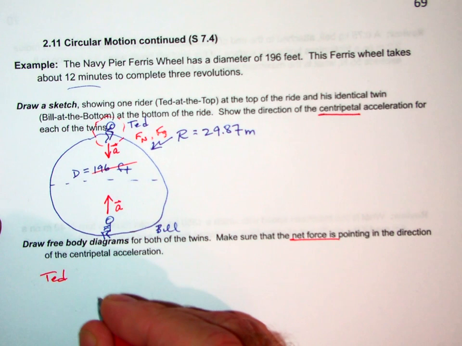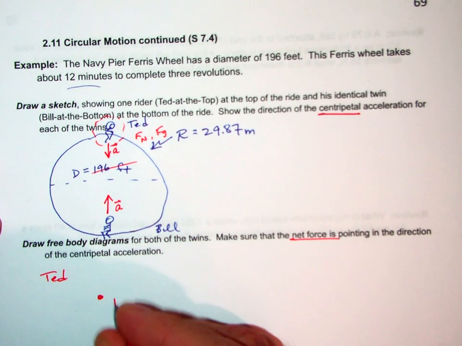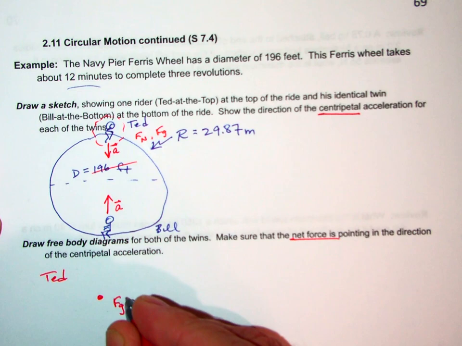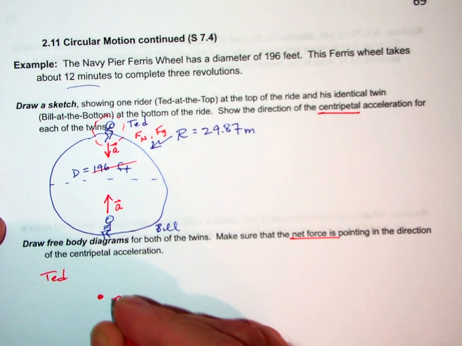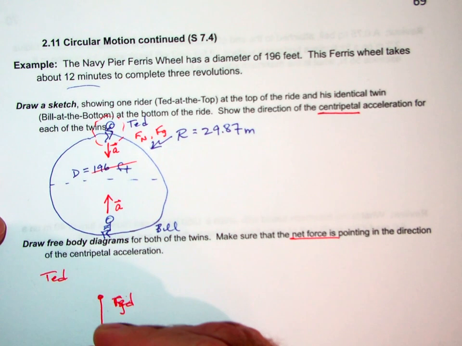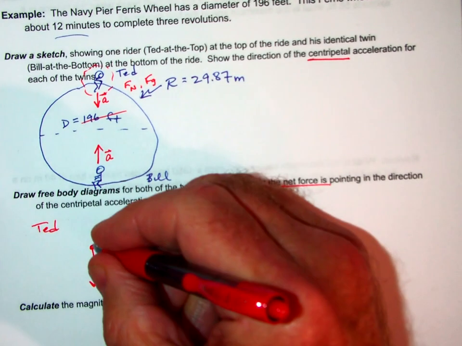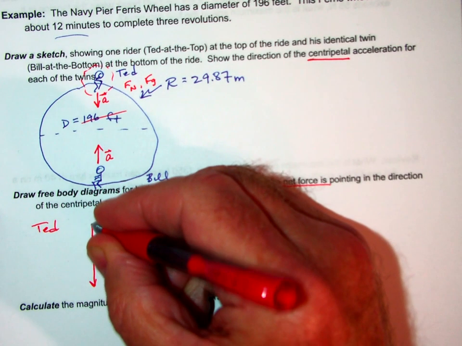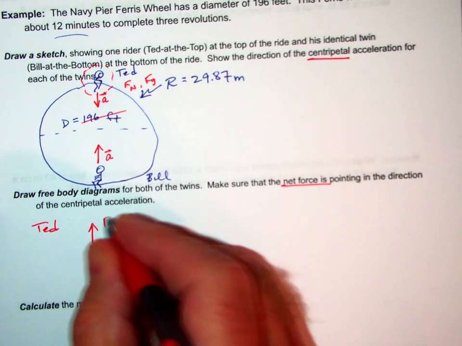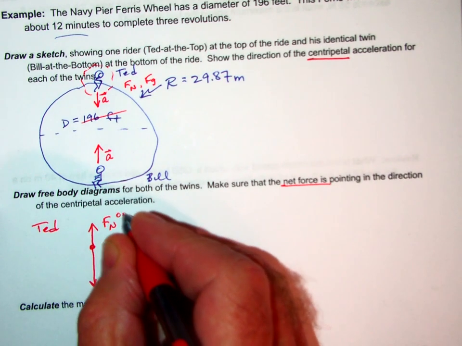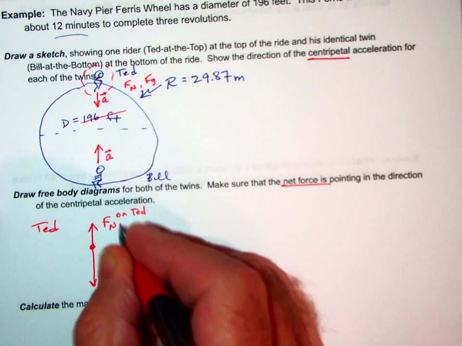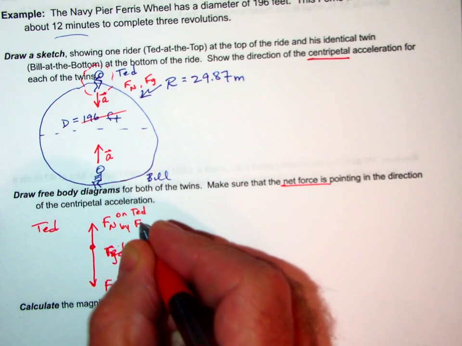So for Ted's free body diagram, we have the gravitational force on Ted by Earth, and we have the normal force on Ted by the Ferris wheel.